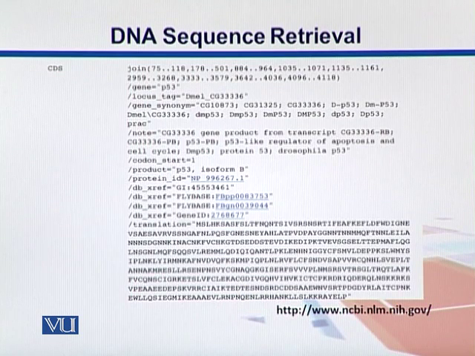Then within that messenger RNA, we find coding sequences. Coding sequences are the parts of messenger RNA which are translated into proteins, so they are further subsets within those messenger RNA regions. Down below we see the translated variant, where the word translation is written, and we can see the amino acid sequence coming from this gene.